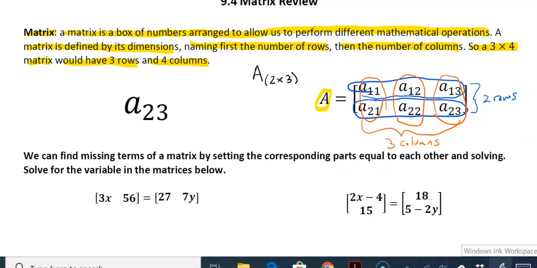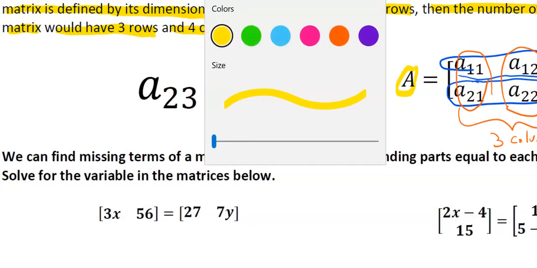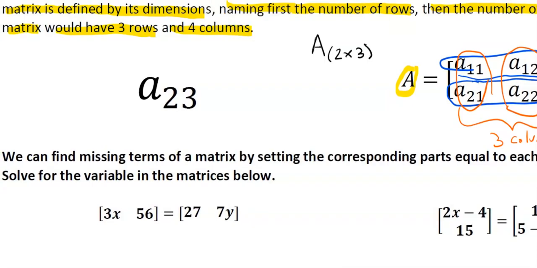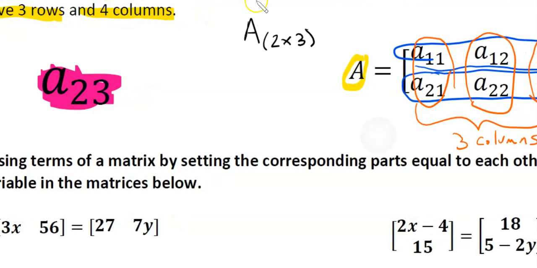And if we look at this little A23 here, let's use pink. A23, as a lowercase letter a, is usually used to identify different elements inside of a matrix.